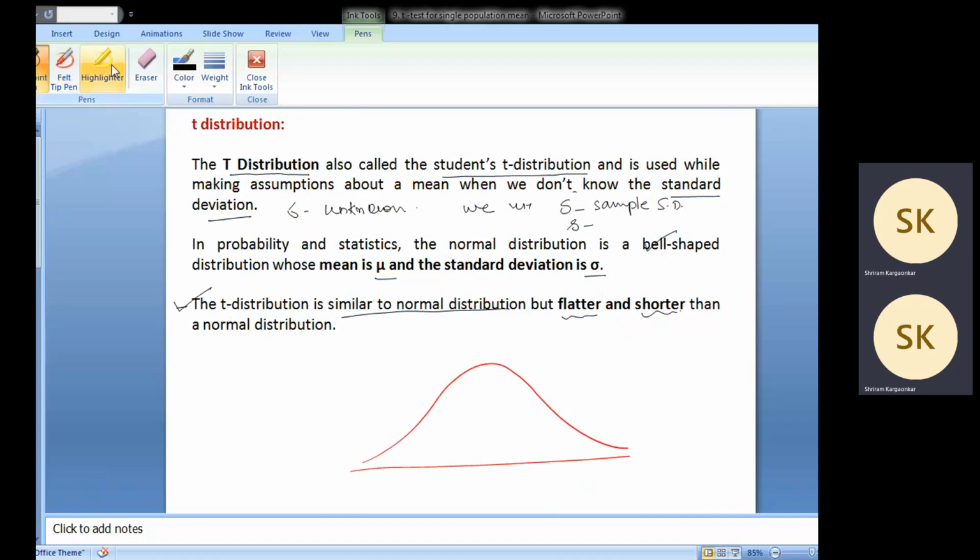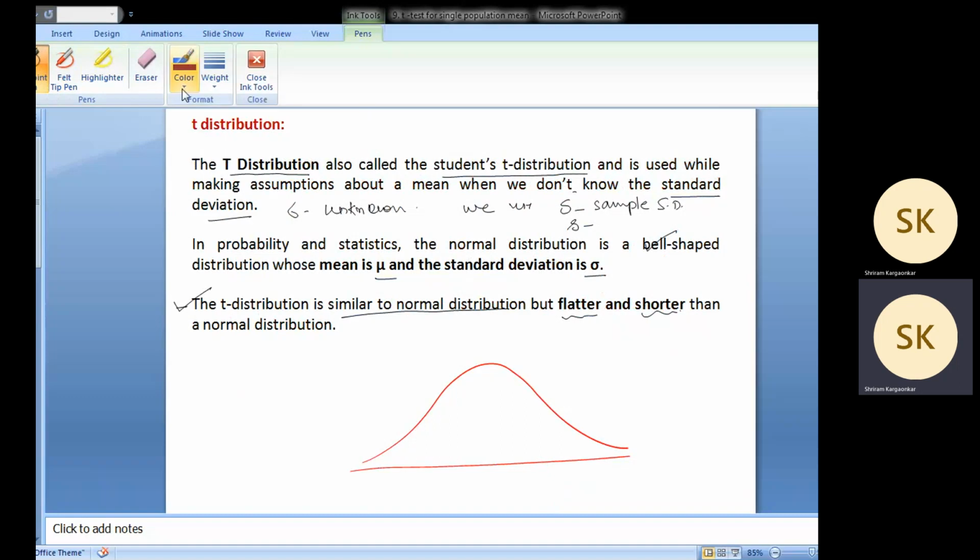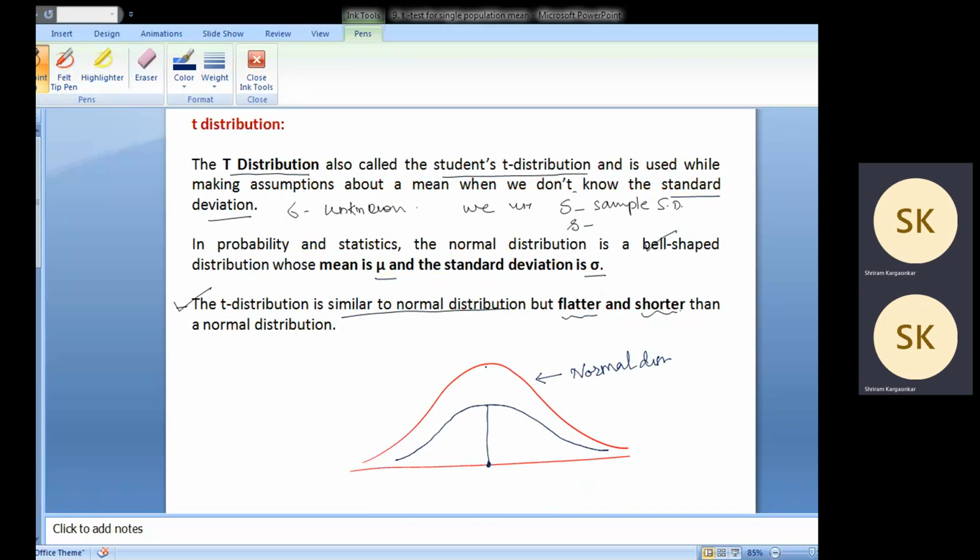Now the t distribution is like this, shorter and flatter. So this one is the normal distribution, and the t distribution is flatter than this.